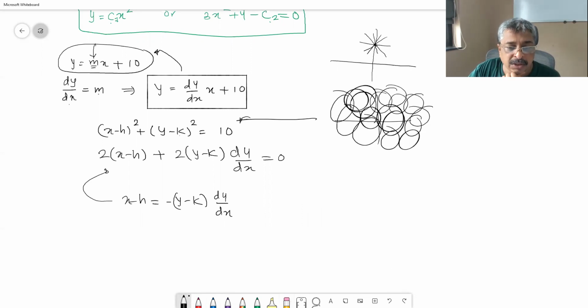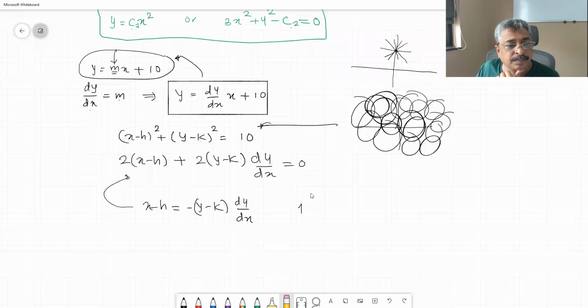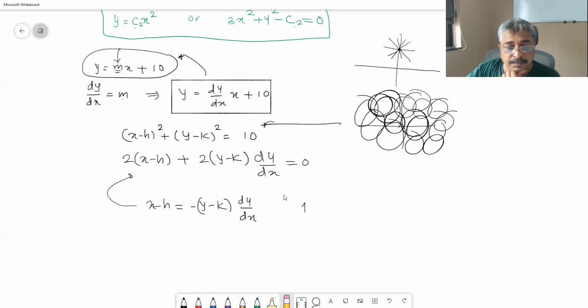What we get is 1, that is the LHS differential. I should do it upstairs only. This is the first derivative that you are using.